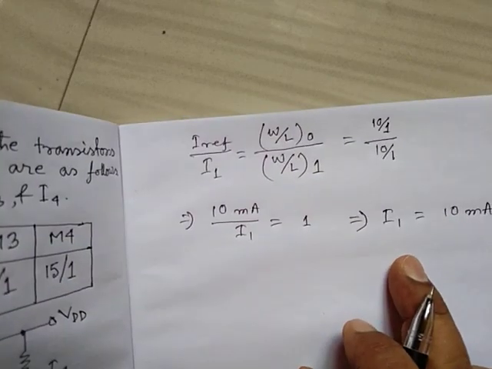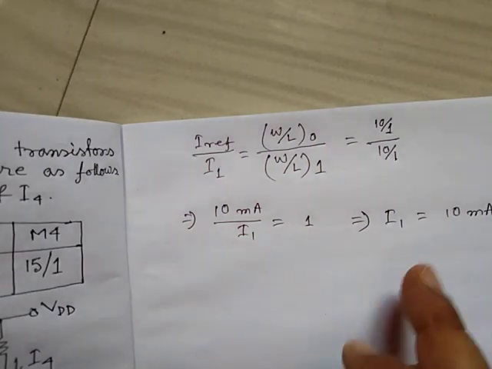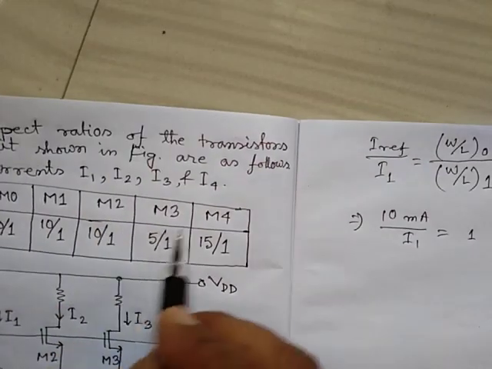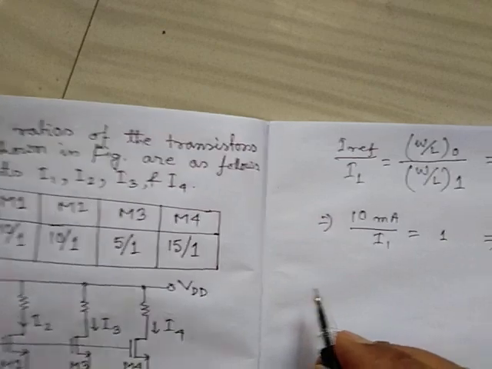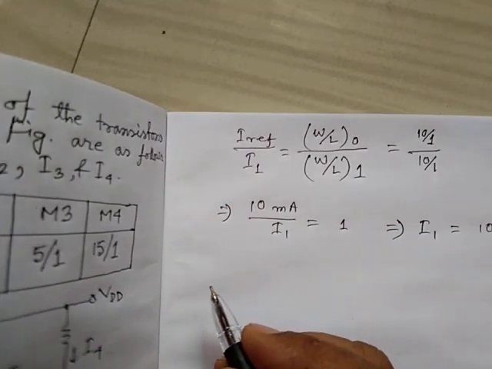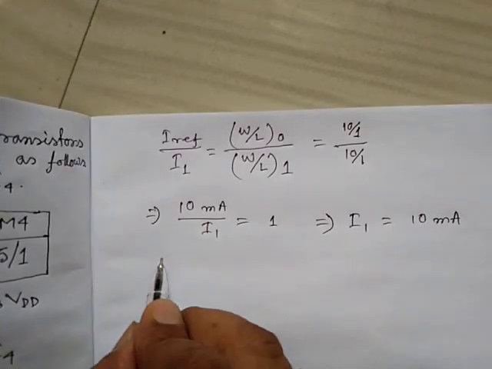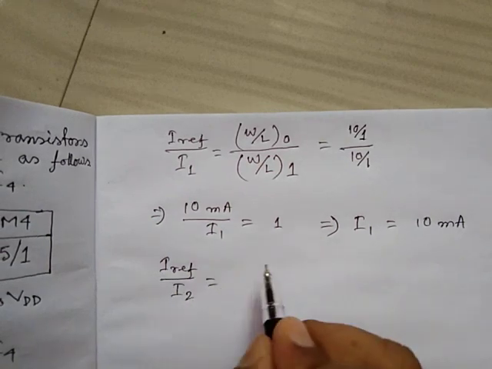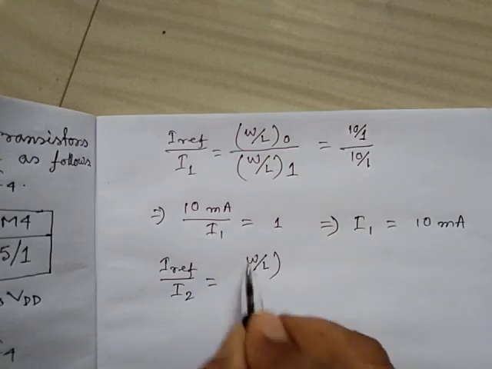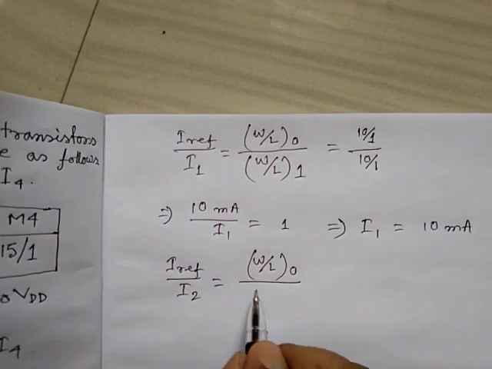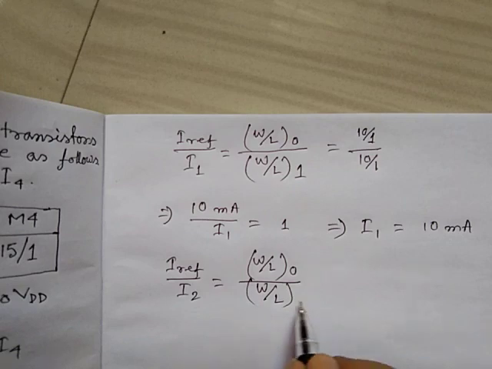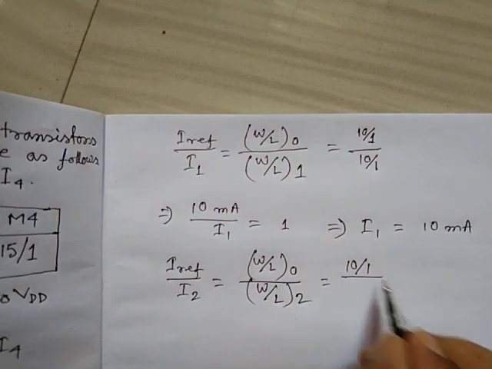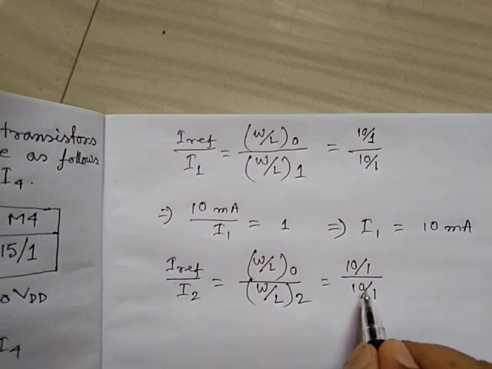Now if we follow this rule for the other transistors M2, M3 and M4, then we can write I reference by I2 equals W by L of M0 by W by L of M2, which is 10 by 1 by 10 by 1.